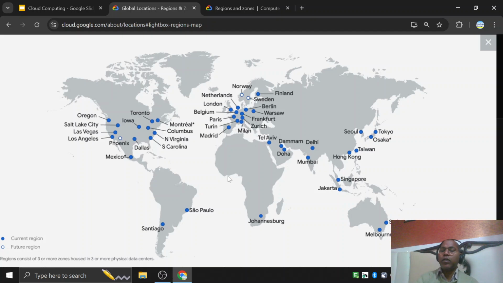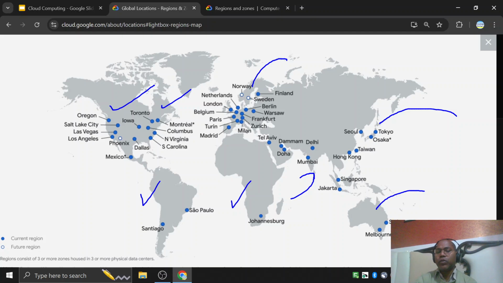Almost all parts of the world have Google Cloud services, in every continent: North America, Canada, South America, Africa, Europe, Asia, Australia, and even the Middle East. They are available in the form of regions, and there are more than 40 regions.